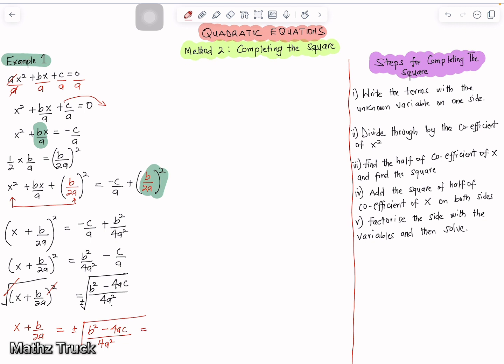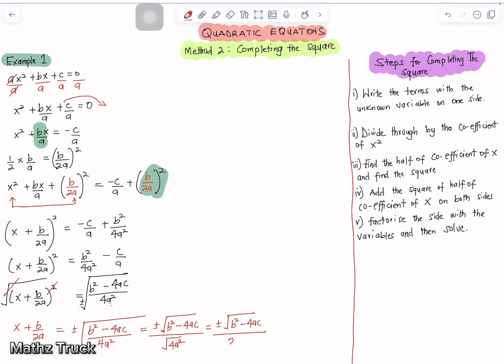It is in the form of plus or minus, b squared minus 4ac over. Now the square root of 4a squared will give us what? Now we can continue to write plus or minus b squared minus 4ac over. The square root of 4 gives us 2. The square root of a squared gives us a.